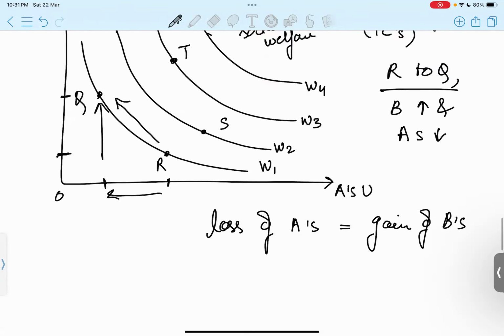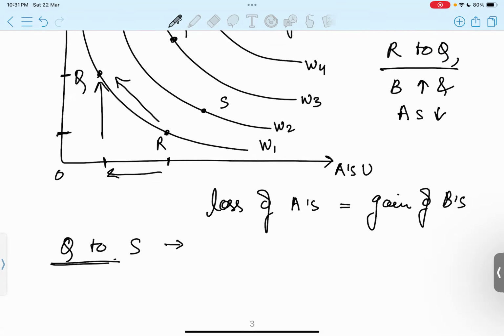Now, the movement from Q to S, again because of any change in the society, which is again an exogenous factor here. In the movement from Q to S, social welfare firstly increases because we are moving to a higher social welfare curve.